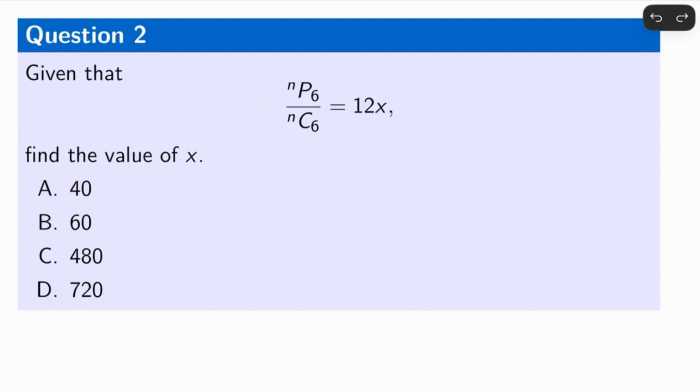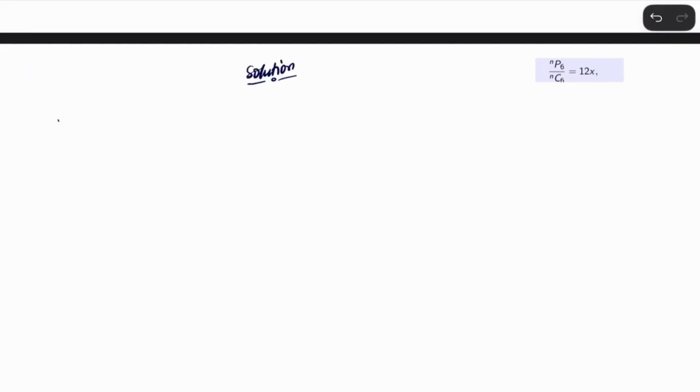With our second question, we are given that nP6 divided by nC6 is equal to 12x. Find the value of x. Solution. nPx gives us n factorial divided by n minus x all factorial.